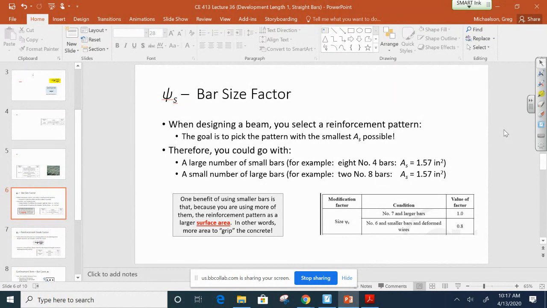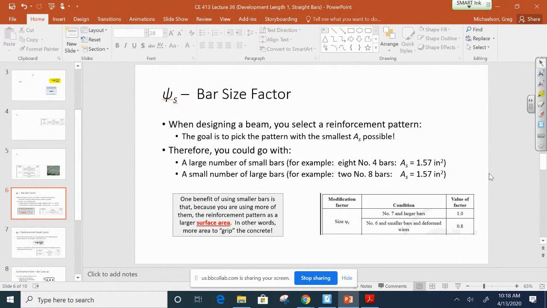Well, the reason why that's relevant is if I have more surface area, I've got more bar area that grips the concrete. So when you're using small bars, you can actually reduce the amount of length that you need to embed into the concrete because you have more of them. The idea is, well, I got a whole bunch of bars, so I don't need to embed them as far.